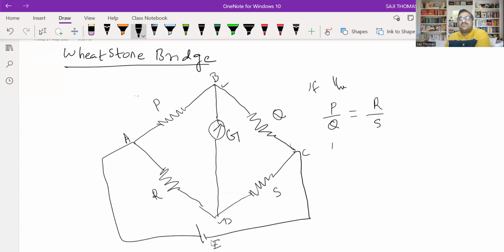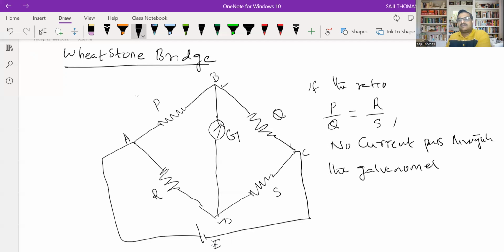If the ratio P by Q equals R by S, no current passes through the galvanometer. Current through the galvanometer becomes 0. I am writing current through the galvanometer as Ig.